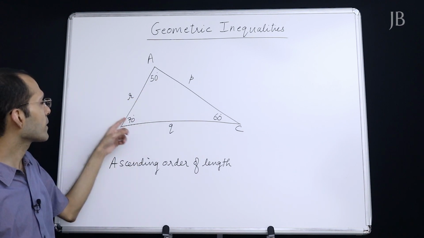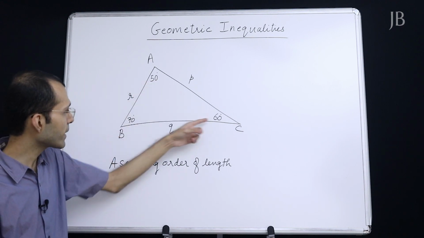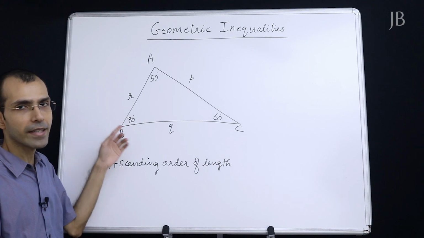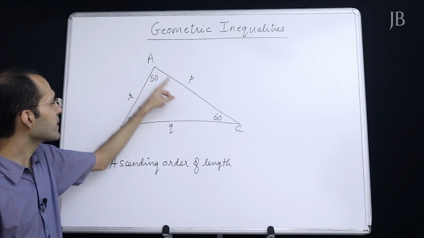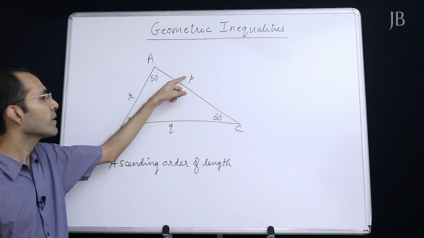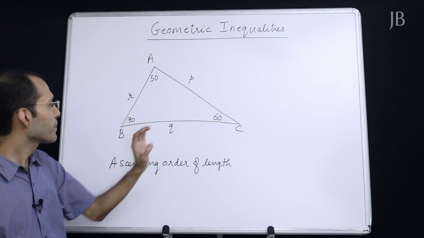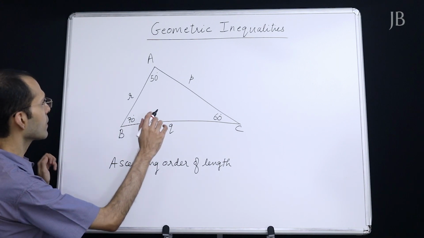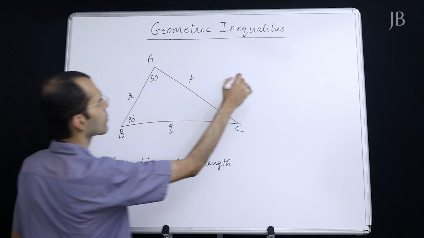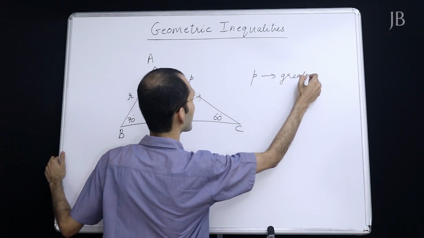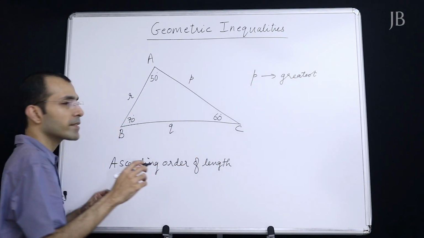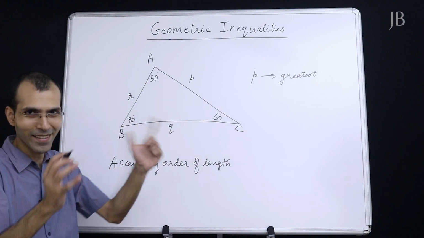We catch hold of the greatest angle. Which is the greatest angle of 50, 60, 70? Naturally 70. Which side is opposite to 70 degrees? AC, whose length we have denoted by small p. So P would be the greatest length, okay. P would be the greatest. Greatest means greatest in terms of length.